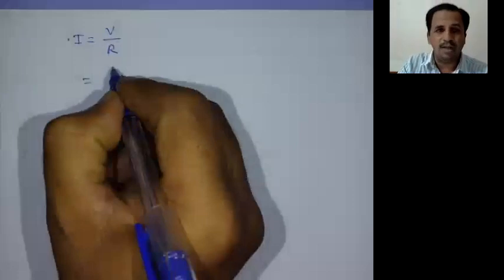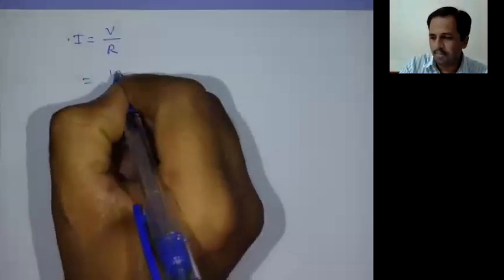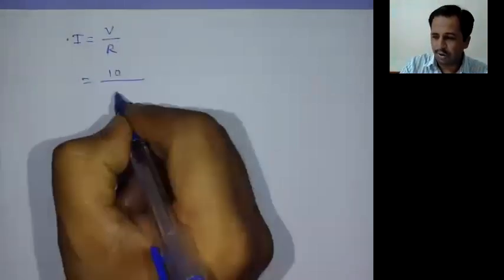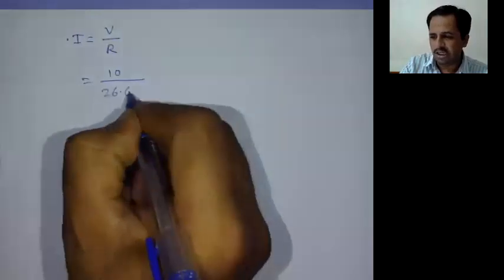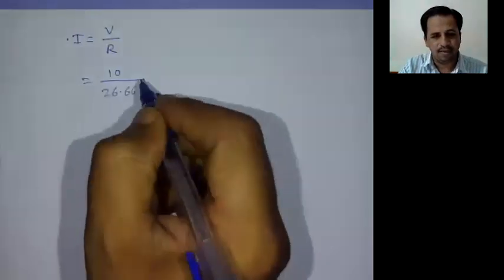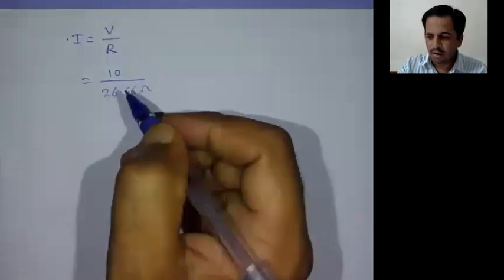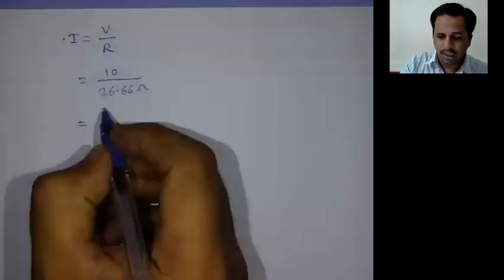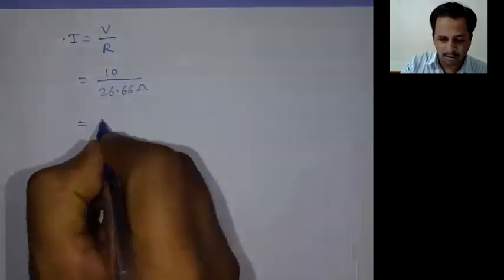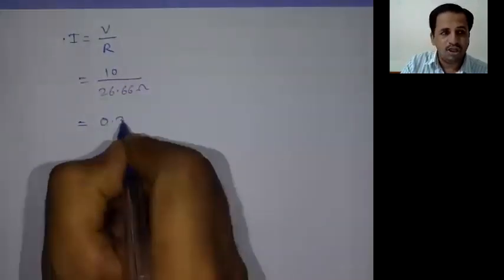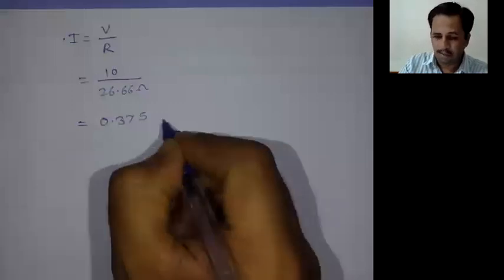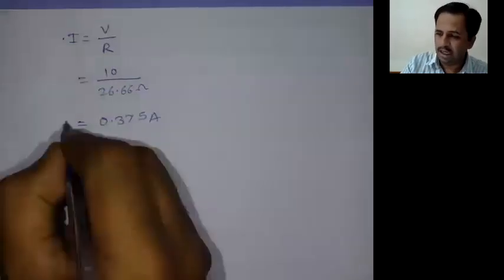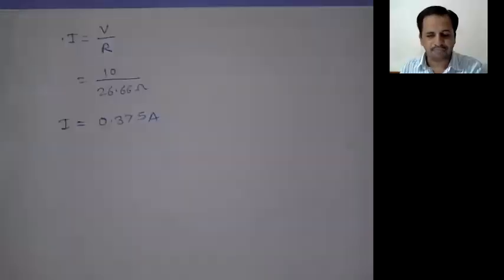The voltage is 10 volt upon the resistance value, that is 26.66 ohm. By using this value, we find it is approximately 0.375 ampere. That is the current flowing through the circuit.